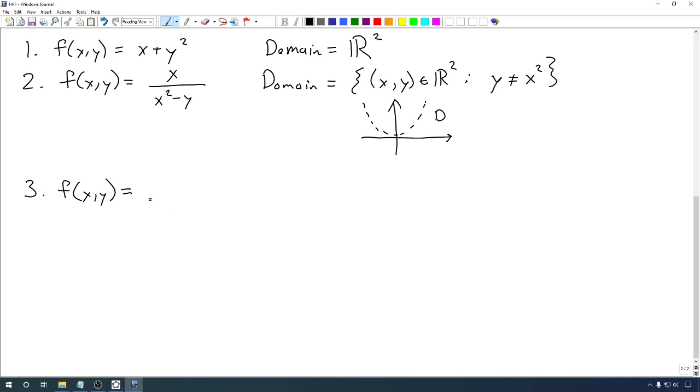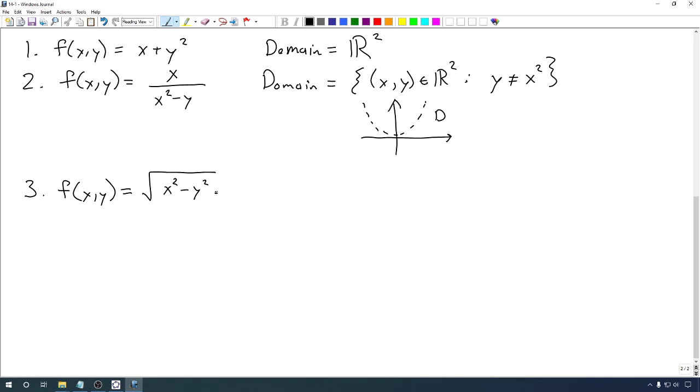Next example, again, we're just working with functions of two variables right now. We are going to take the square root of x squared minus y squared. This is another function of two variables, but there are some restrictions on what you can plug in here.